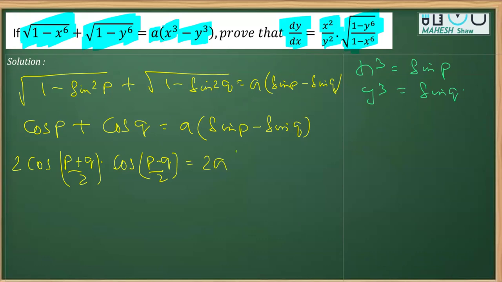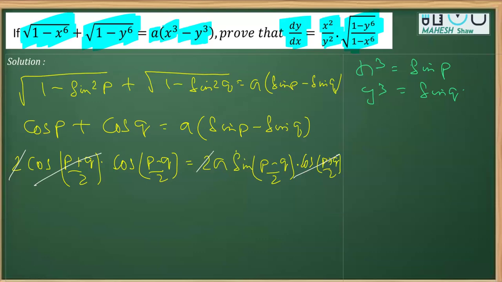And similarly, sin p minus sin q is 2 sin((p−q)/2) cos((p+q)/2). So what you can see is that cos((p+q)/2) gets cancelled, and even the 2 gets cancelled.